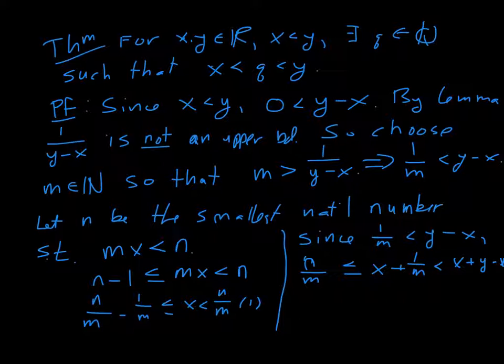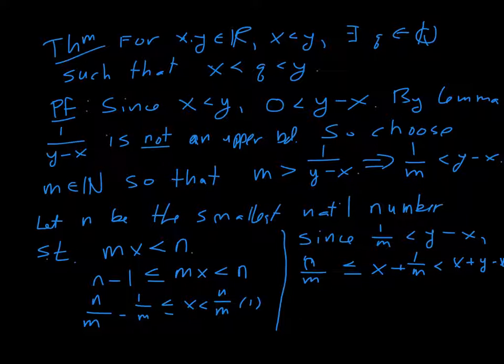Okay, so why is that true? If you look over here at this expression that I called 1, if I add 1 over m to this part right here, I'm going to have n over m is less than or equal to x plus 1 over m.